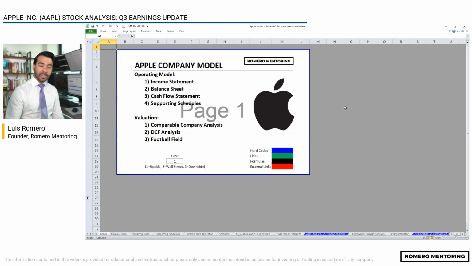Discounted cash flow analysis, comparable company analysis, and we're also showcasing everything in something known as a football field, where we're taking a blended approach to figure out what is a reasonable valuation range for Apple.